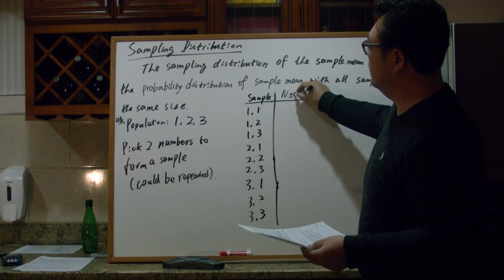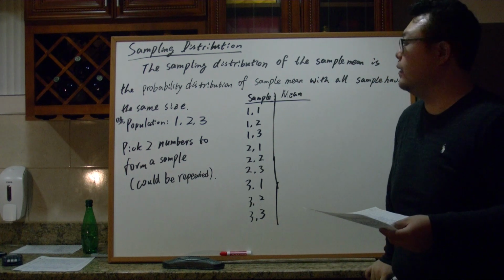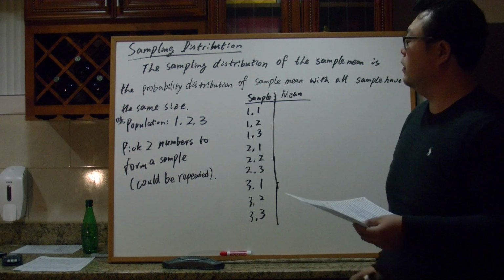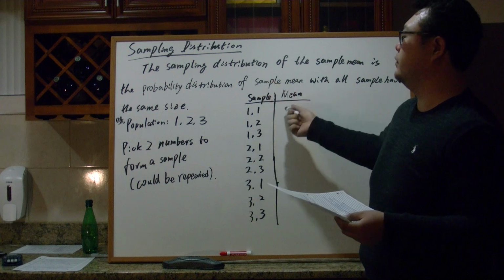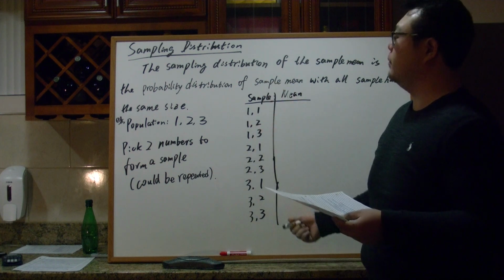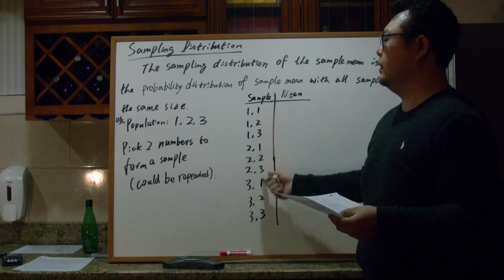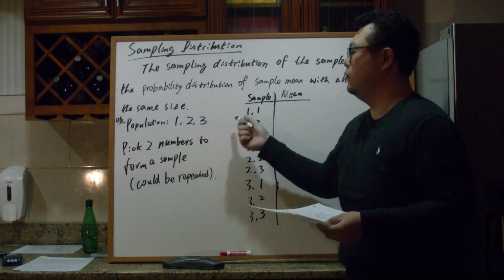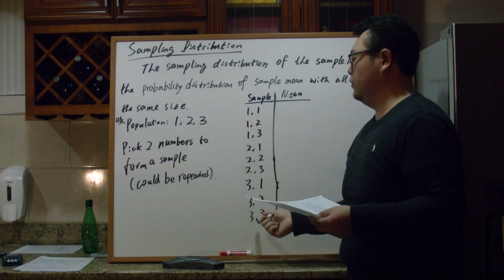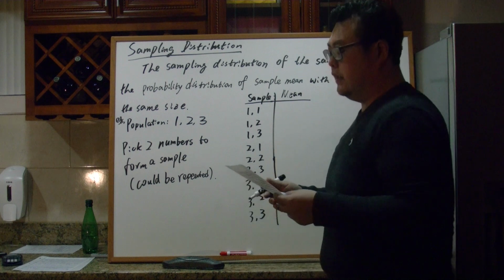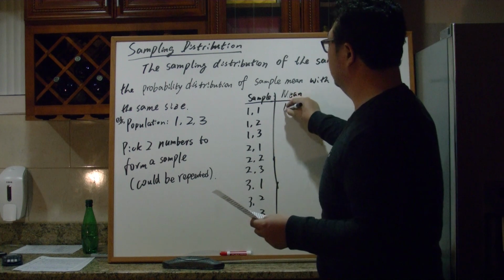Therefore, for the distribution of the sample mean, we need to find the mean of each sample. That's what we do with sampling: we get from the population a sample of size 2, and from there we get our sample mean.